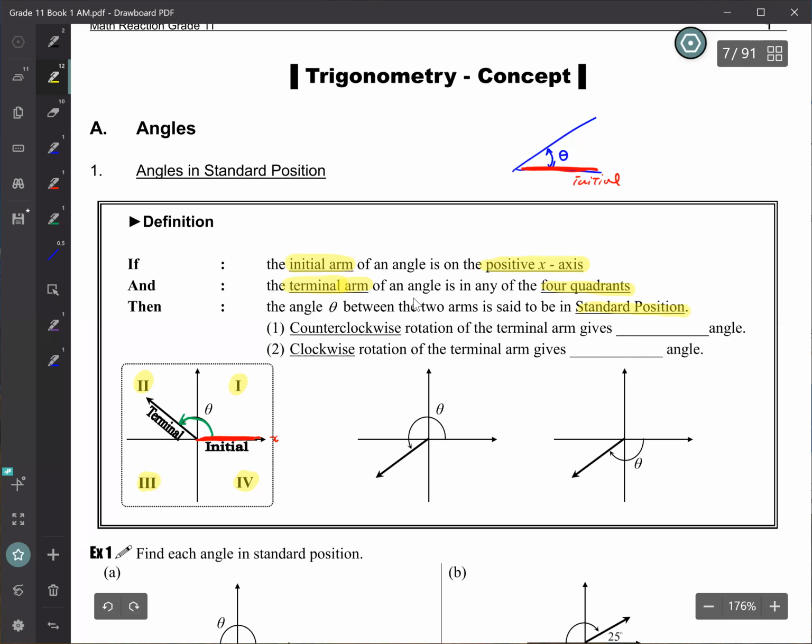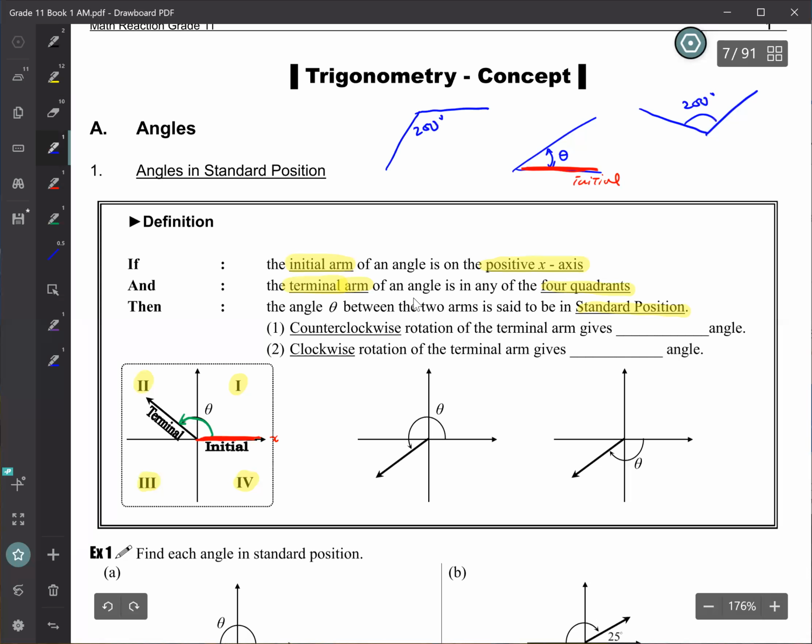The reason why we need to have a standard position is if I ask any one of you to draw, let's say, an angle of 200 degrees, then all of your pictures will look the same. If we don't have a standard position, some people will draw it like this, and someone will draw it upside down.